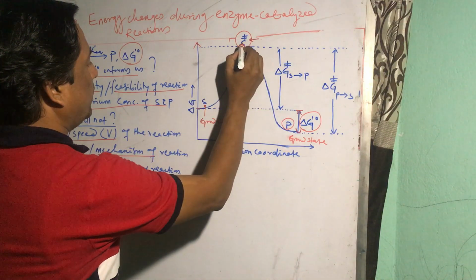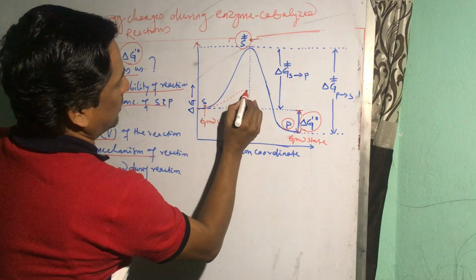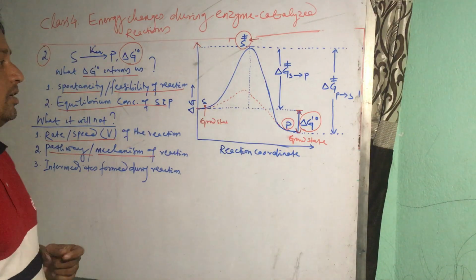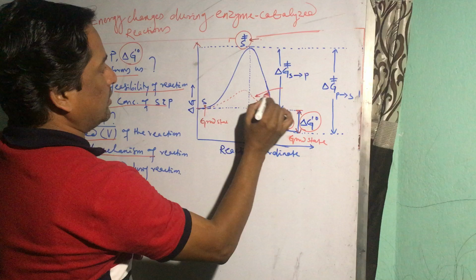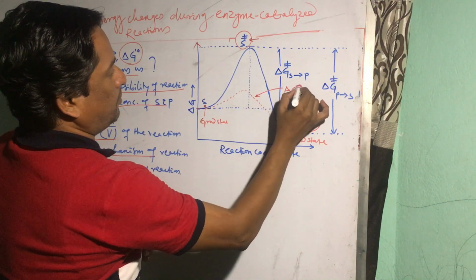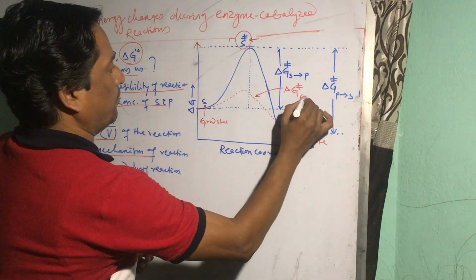In presence of enzyme, this energy hill is decreased, so this is the free energy of activation in presence of enzyme.